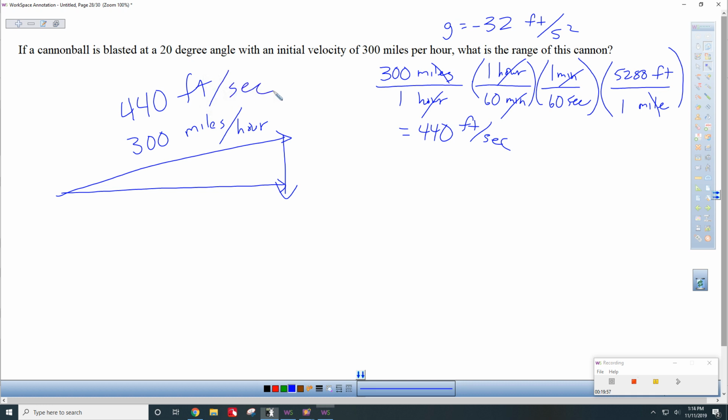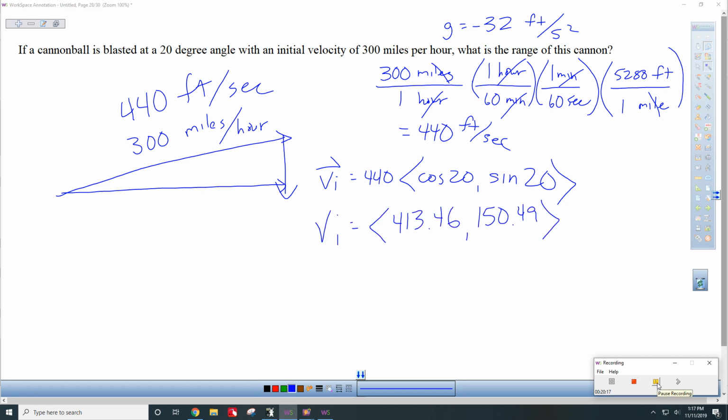All right, so now, if I want to write the components of that, our initial velocity is 440 times cosine of 20, comma sine of 20, and I'm going to figure out what that is by pausing this. I'll come back. Okay, so I just popped those into the calculator. I just try to save you guys a little time to keep this video under 25 minutes. Okay, so this is our initial velocity vector.